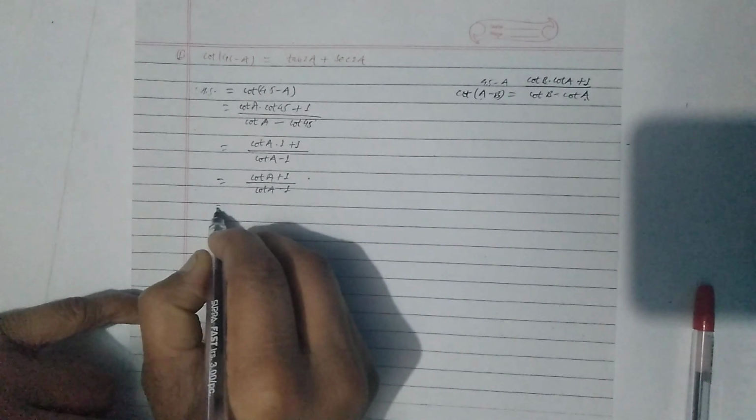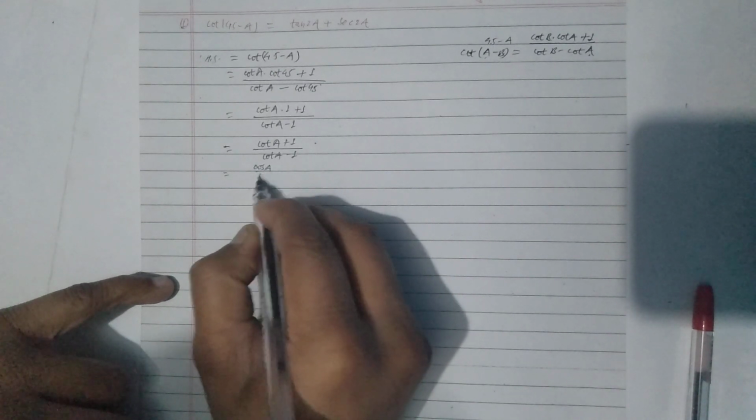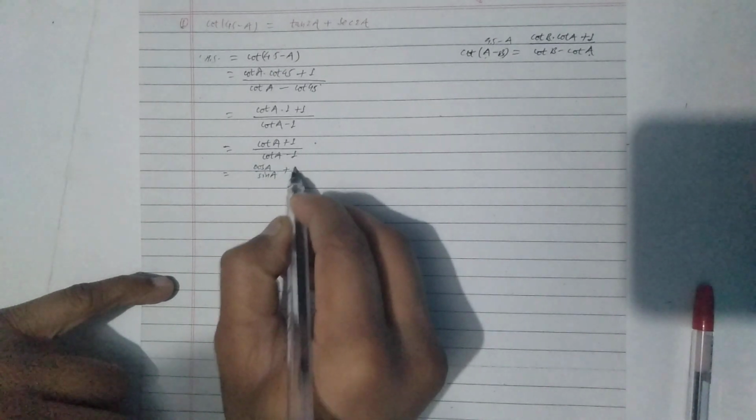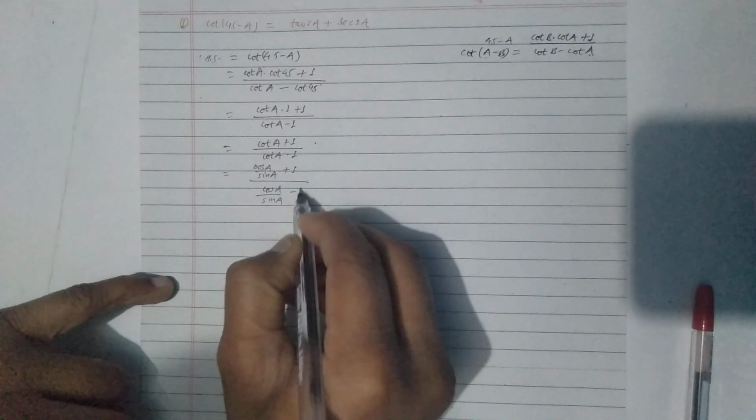Now if we use the formula cot a equals cos a upon sin a, we get (cos a upon sin a plus 1) upon (cos a upon sin a minus 1).